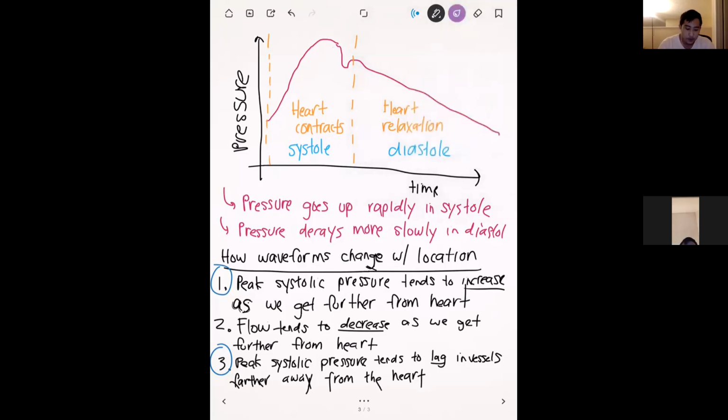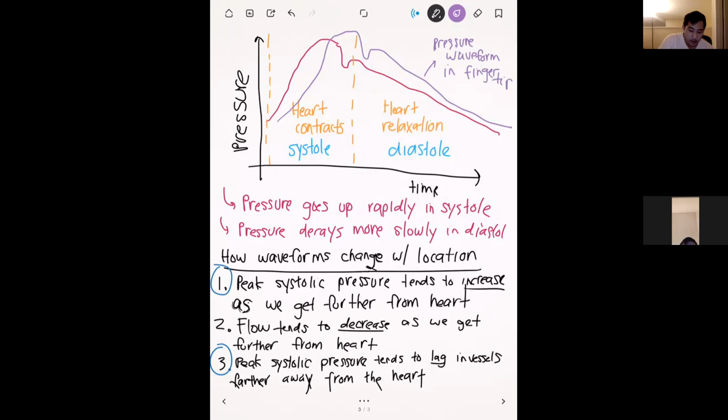Okay, and so basically, if I draw a comparison graph here, I'm going to draw this in purple. Okay? And so let's say that this occurred somewhere close to the heart. If we measure the pressure waveform somewhere farther away, like let's say in your fingertips, it might look something like this. Okay. Right. And so pressure waveform in fingertips.